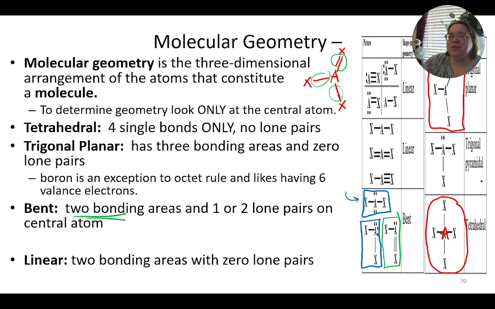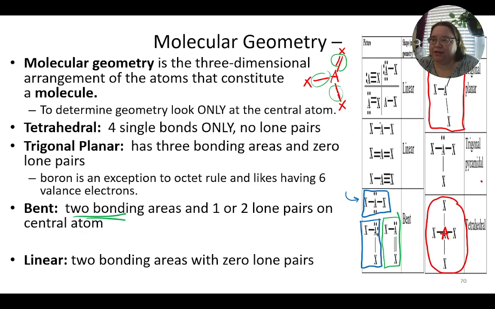So next is linear. Linear has 2 bonding areas with no lone pairs. That is our most common linear. That involves more than 2 atoms in the molecule. So there are actually 2 different types of linear. One has 3 atoms. It has 2 bonding areas and no lone pairs.